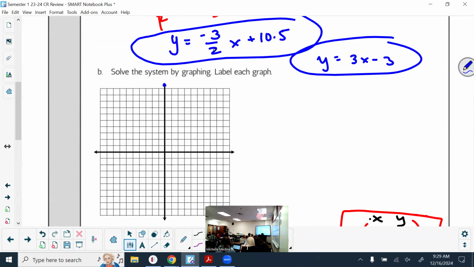You plot your y-intercept first, and then you use your slope to find your next points. So from 10.5, I'm going down 3. So 1, 2, 3 would be at 7.5, to the right 2. It's kind of weird because it's in the middle, but we're going down 3. 1, 2, 3, to the right 2, until you have enough to make a straight line.